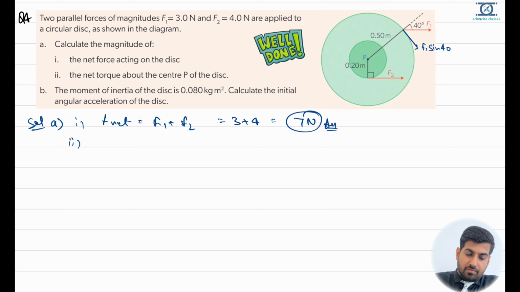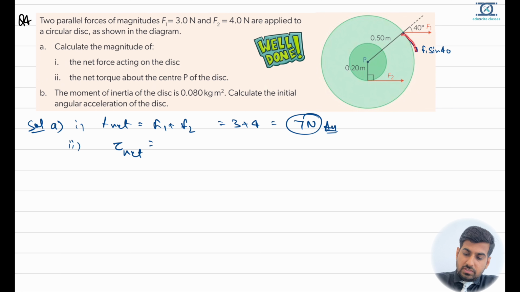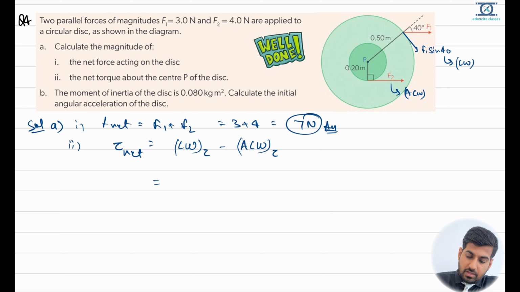To find the net torque, I have to consider the direction. F1 acts clockwise and F2 acts anti-clockwise. Assuming clockwise as positive, the net torque is clockwise torque minus anti-clockwise torque. Clockwise torque is F1 sine 40 times 0.5, minus anti-clockwise, which is F2, 4 times 0.2.